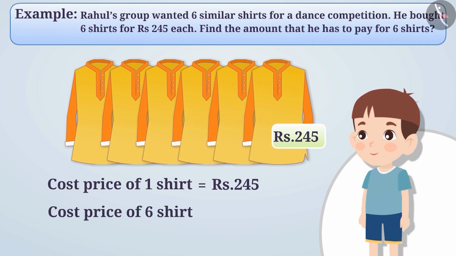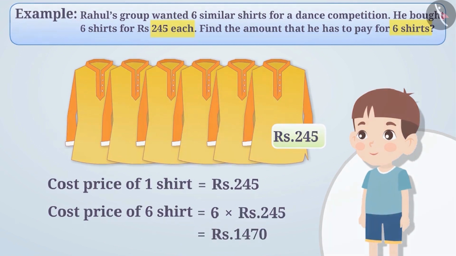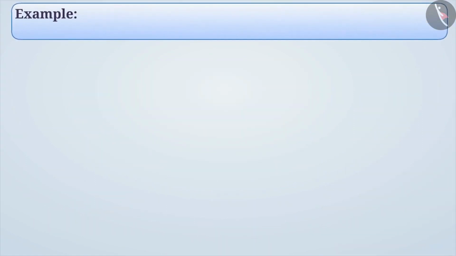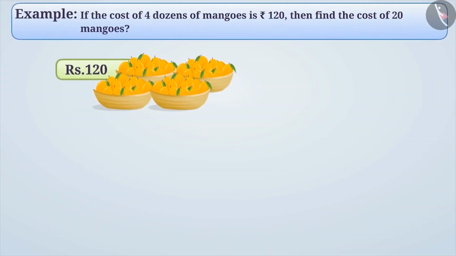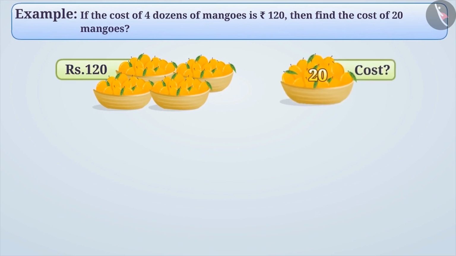In order to find the cost of 6 shirts, we have to multiply the number of shirts, that is 6, with the cost of 1 shirt, rupees 245. Therefore, cost of 6 shirts is equal to rupees 245 into 6, which is equal to rupees 1470.